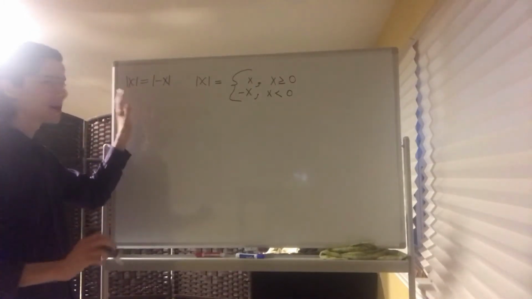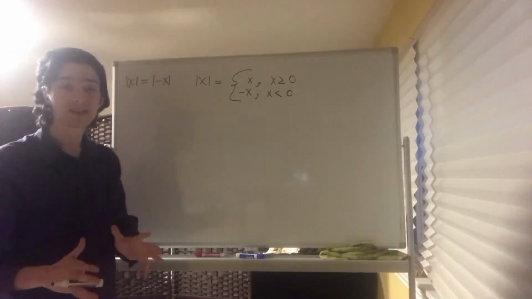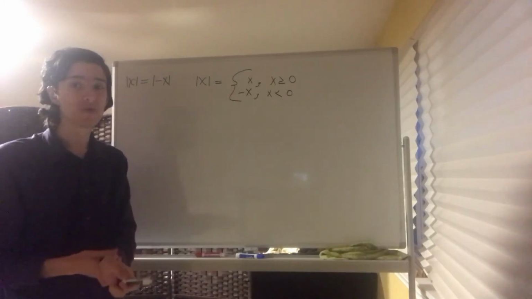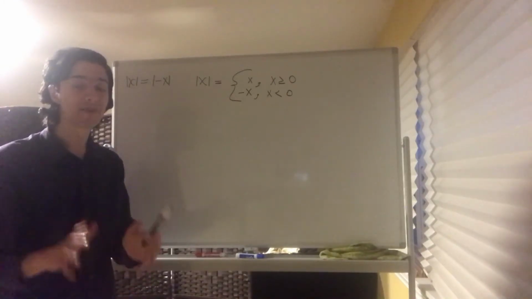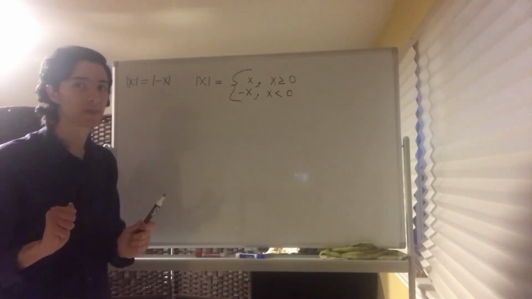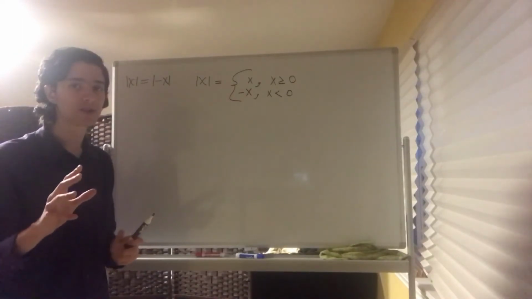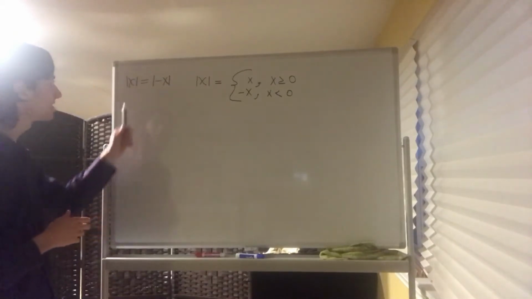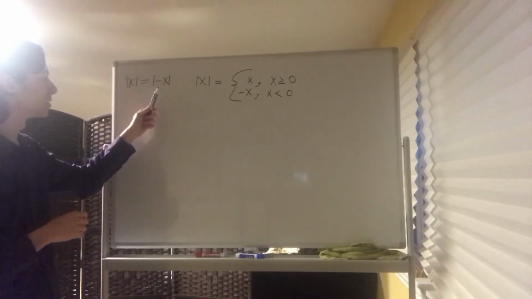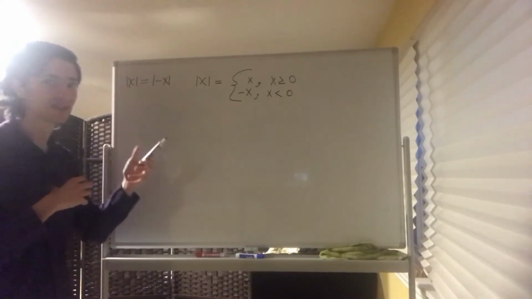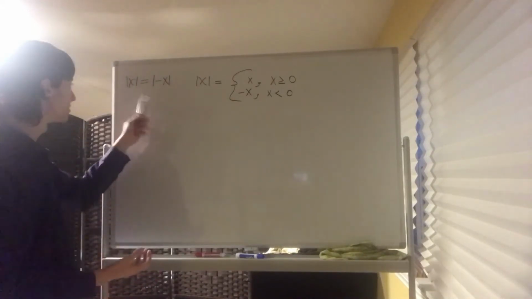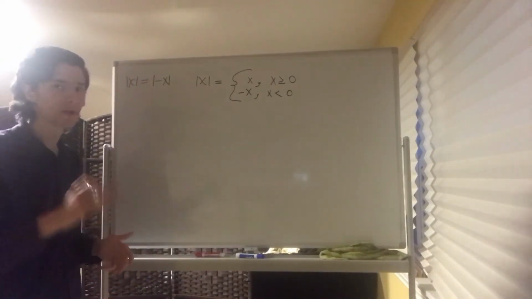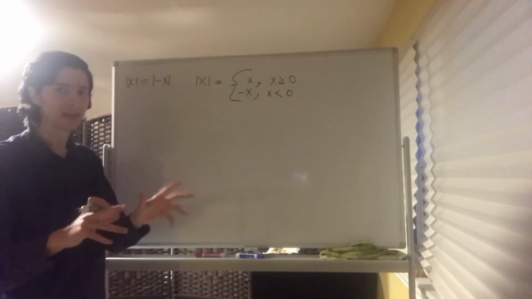Now some of you might look at this and say that this is obvious, but it's still important to prove it using our definition of the absolute value. First, there's the trivial case where x is equal to 0. If x equals 0, negative x is also equal to 0, and the absolute value of 0 is 0, so therefore these are equal.